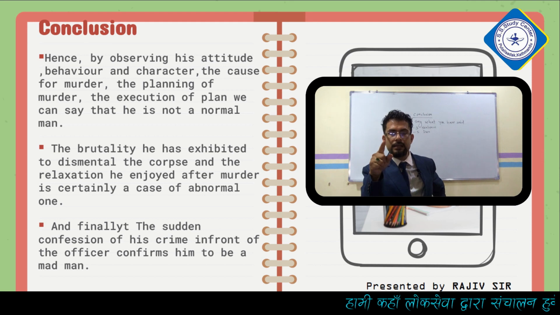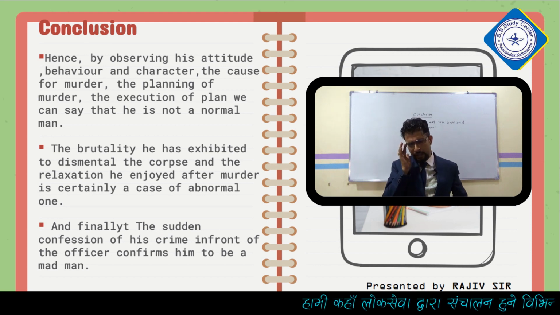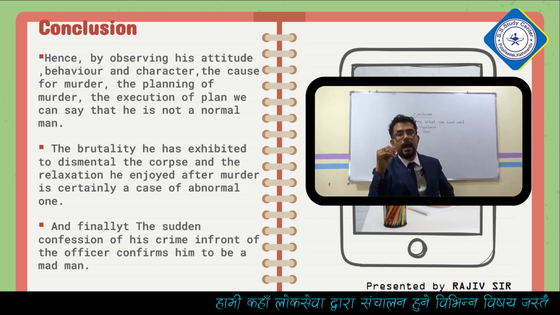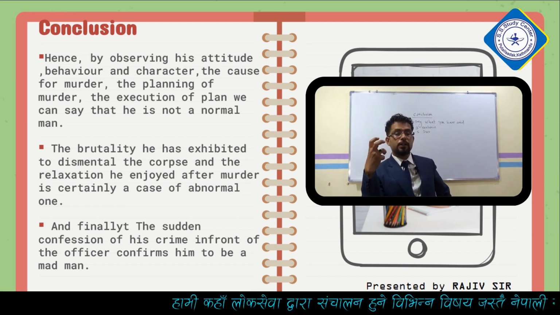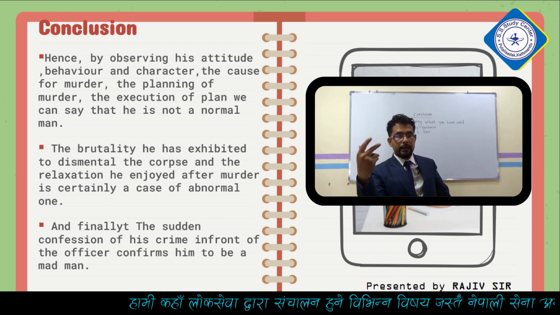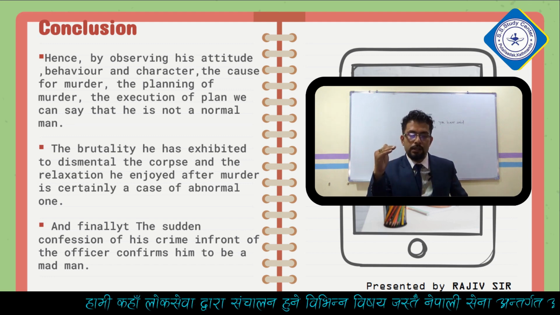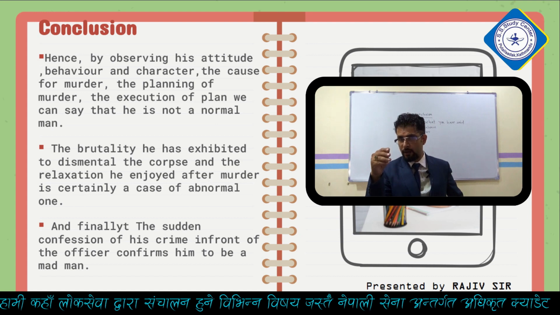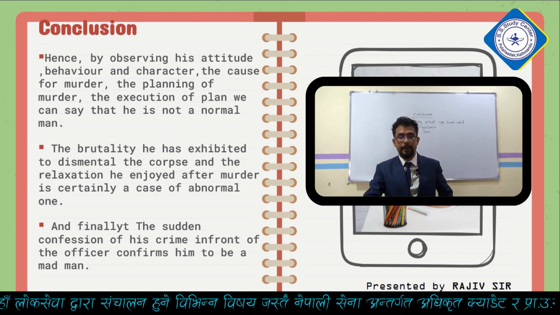Hence, by observing his attitude, his behavior and character, the cause of murder, the planning of murder, the execution of murder, we can say that he is not a normal man.